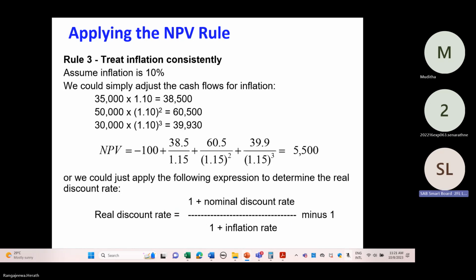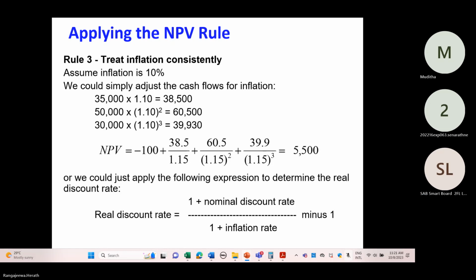Now you are given the real cash. You adjust it to reverse the inflation. The inflation adjusted one, you get the nominal cash flow by 35,000 multiplied by 1.1. The second year, annual inflation is 10%. So the 50,000 cash flow is given.